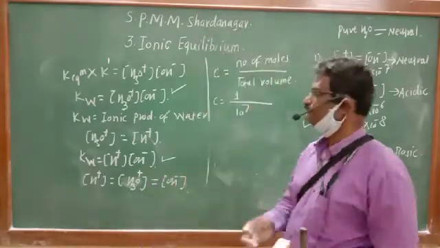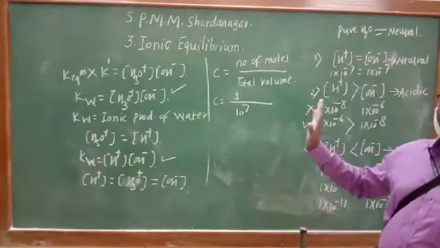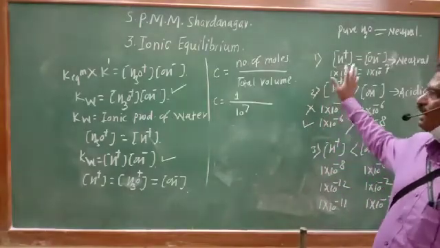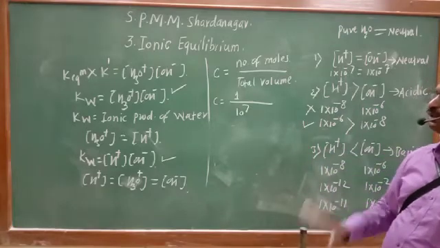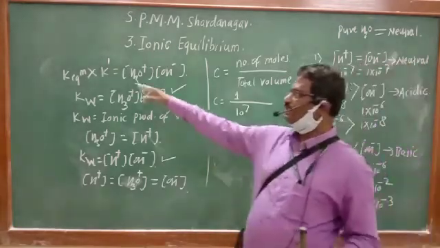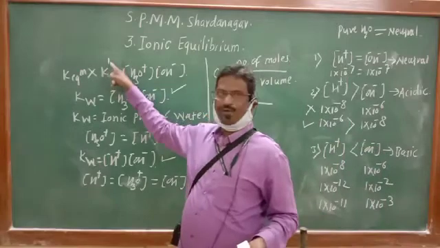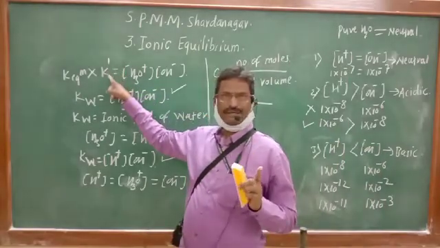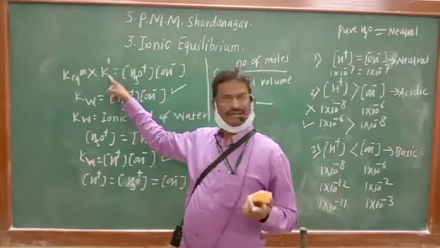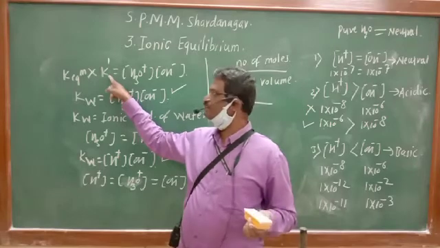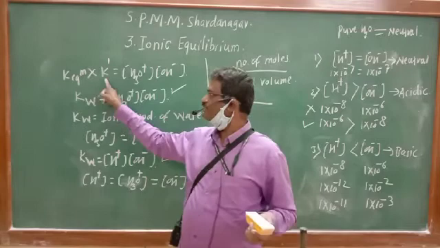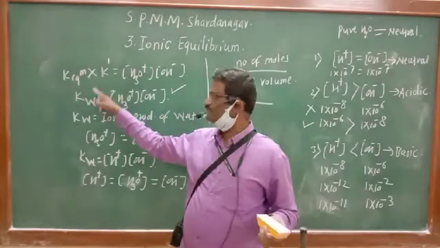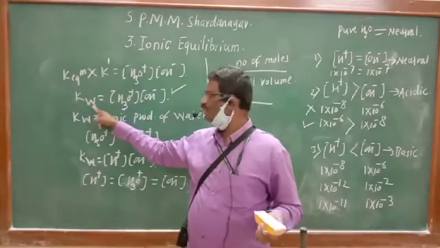See it once again. What is the ionic product of water and how are the solutions classified? What is the constant value? We have seen the concentration of pure water always remains constant, practically almost constant. The equilibrium constant is also constant. So constant into constant gives a new constant, Kw.